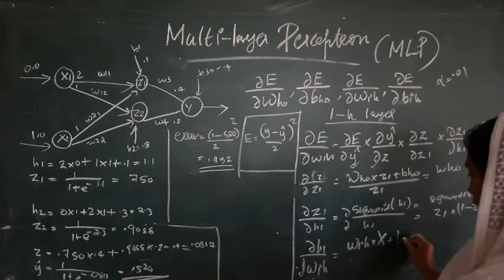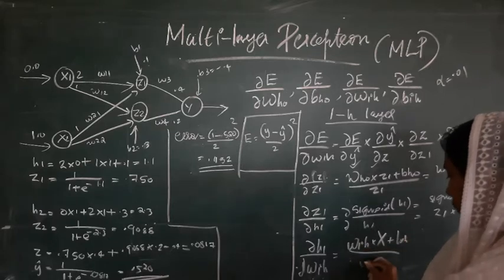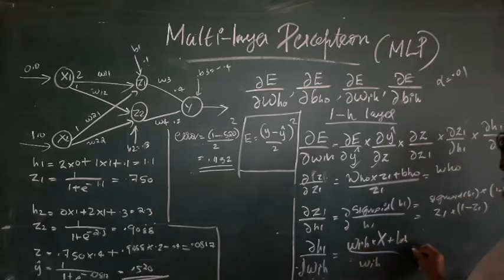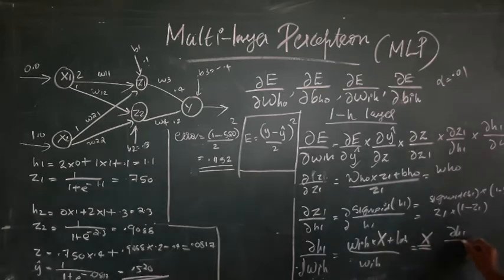Taking the derivative with respect to weight, the partial derivative is x. If it is bias, that is ∂h1/∂bih, when we take the derivative with respect to bias, you will get the value 1, which is the coefficient of bih here.